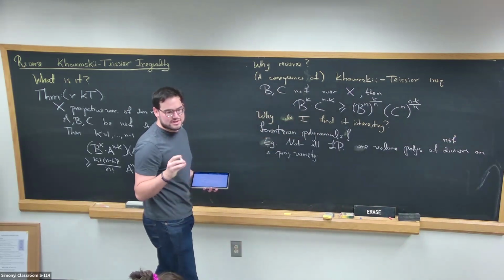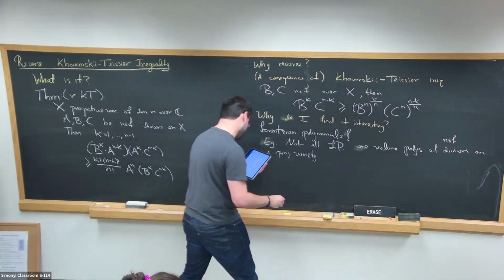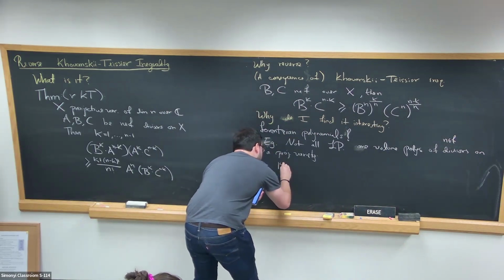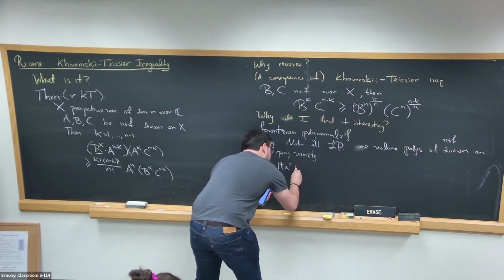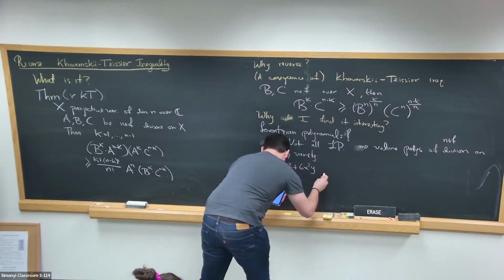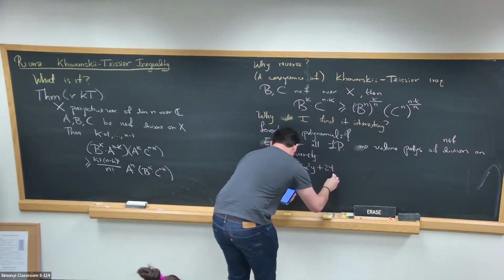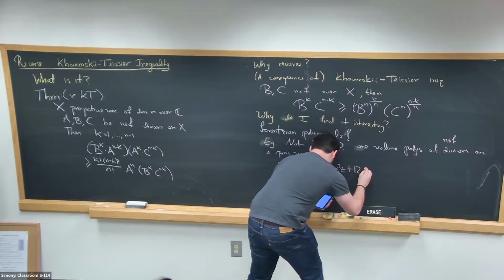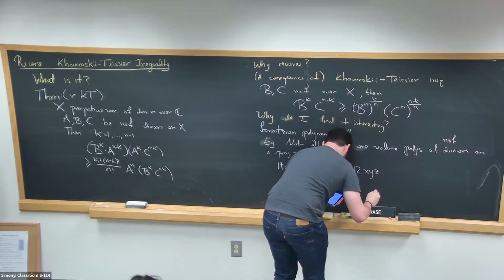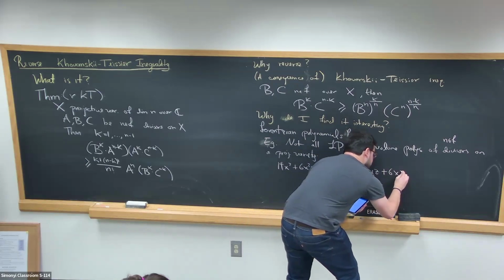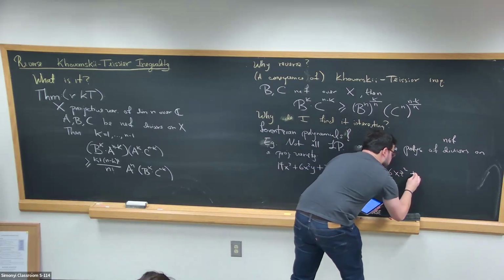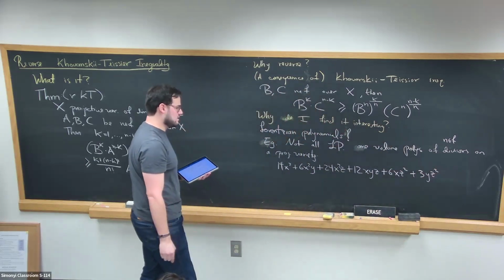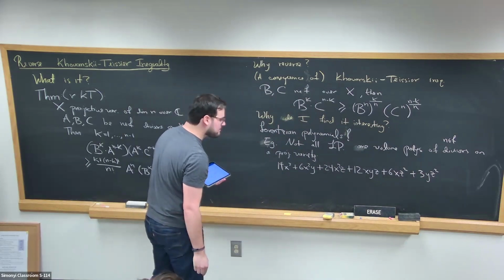This is an example that I shamelessly stole from one of Jim's papers, which is something like 14x cubed plus 6x squared y plus 24y squared z plus 12yz plus 6x z squared, and so on. And one can prove that this is a Lorentzian polynomial.